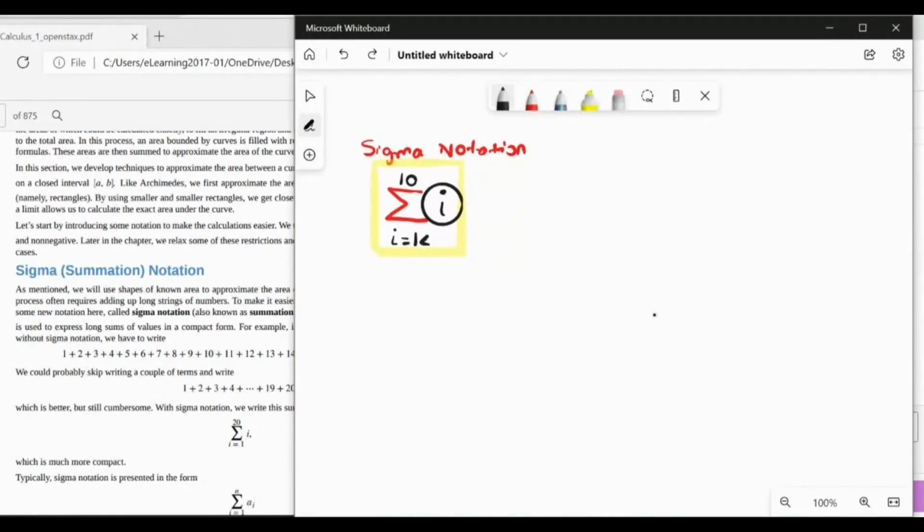Okay, so what does it look like? This tells us to plug in the value here, which is 1, and add, then plug in the next value, which is 2, plug in the next value, so just add numbers from 1 to 10, okay?